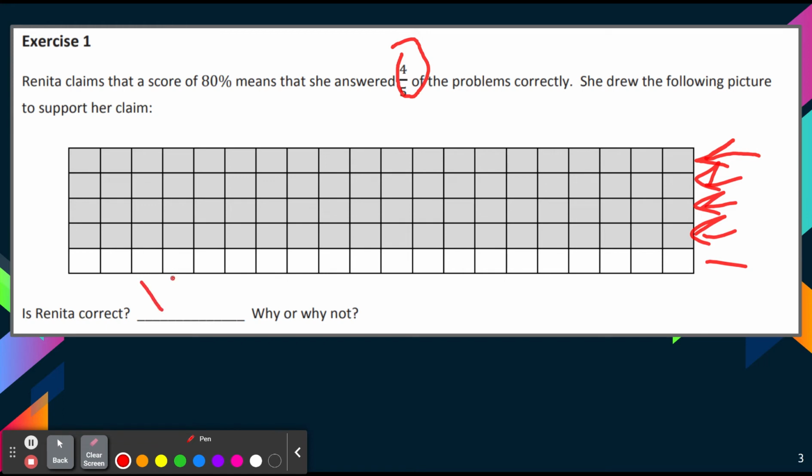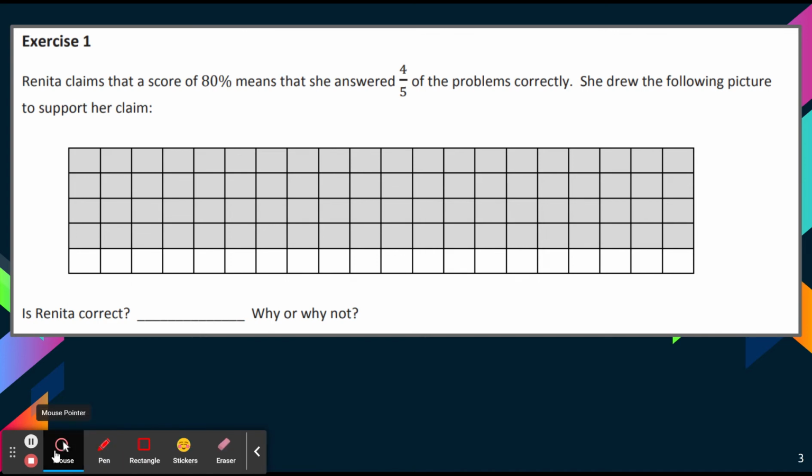So yes, she is correct that 80% is the same thing as 4/5. And you can write a sentence that says something along the lines of, we proved it by counting the number of squares and comparing that to the fractional part. You write your sentence however you can justify it.